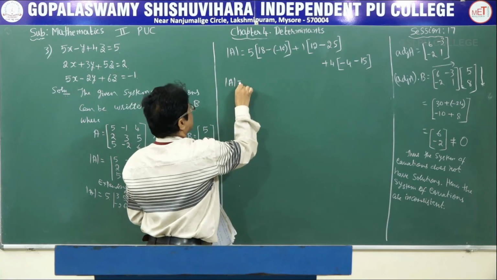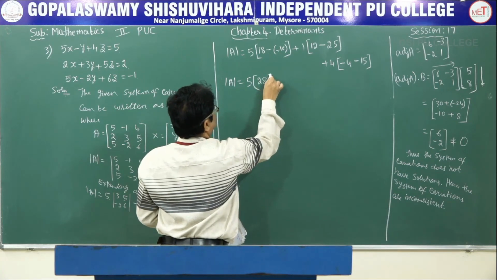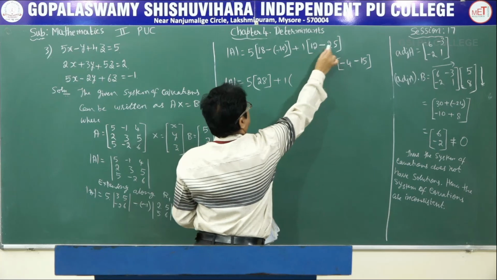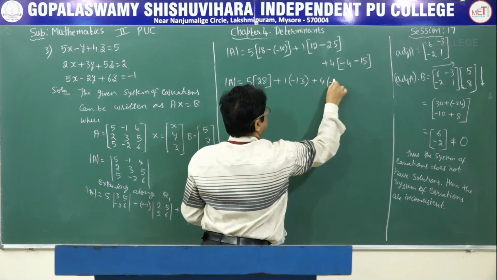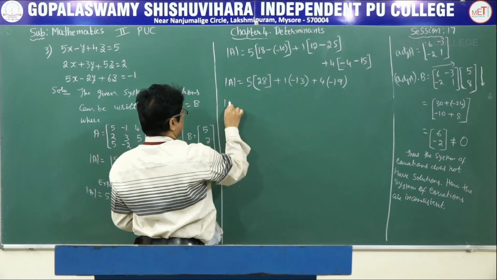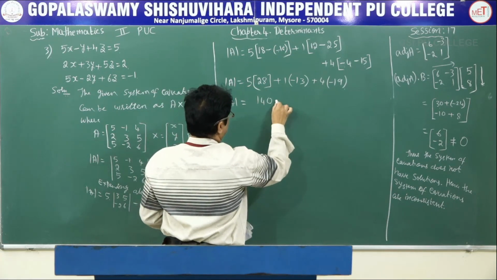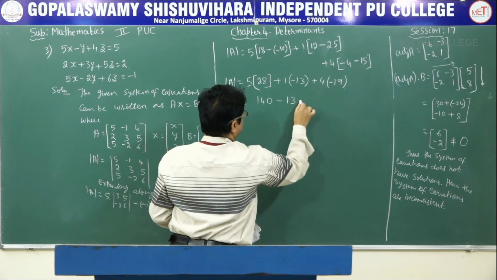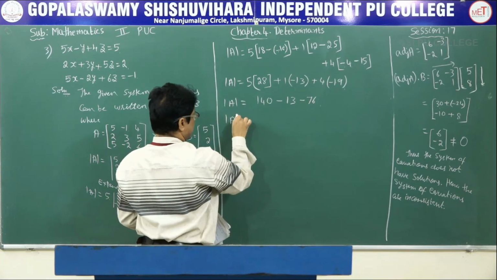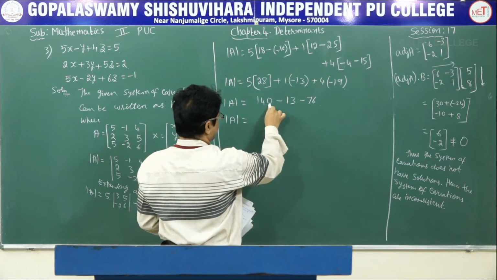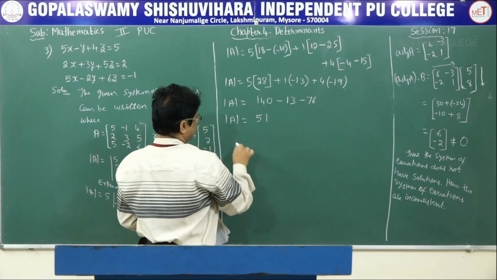So, determinant of A is equal to 5 into 18 plus 10, 28, plus 1 into 12 minus 25, minus 13, plus 4 into minus 19. So, determinant of A is equal to 28 into 5, 140, minus 13, plus into minus, minus 4 into 19, 76. So, determinant of A is equal to 140 minus 13 minus 76, 51.